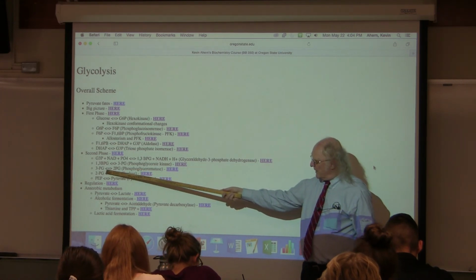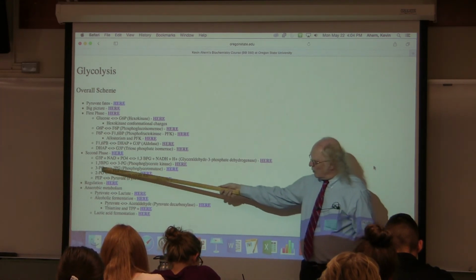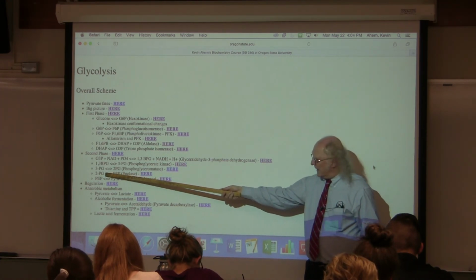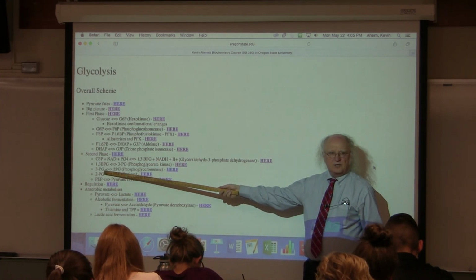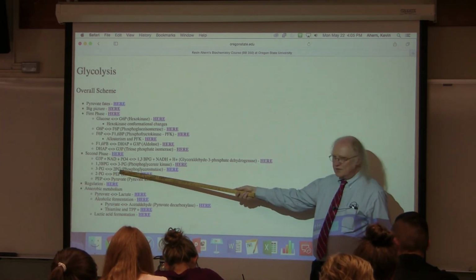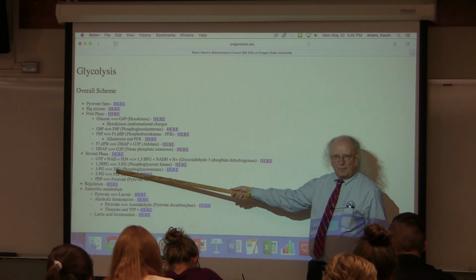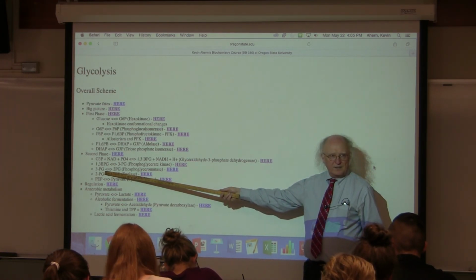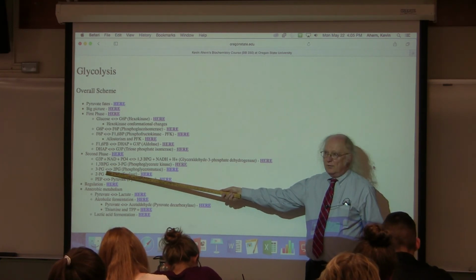So for example, this mutase goes from 3 to 2 by putting a phosphate on position 2 to start. So it's got a phosphate on position 2, which is the final product. It's got a phosphate on position 1, which is the starting product. And that molecule you've heard of before.